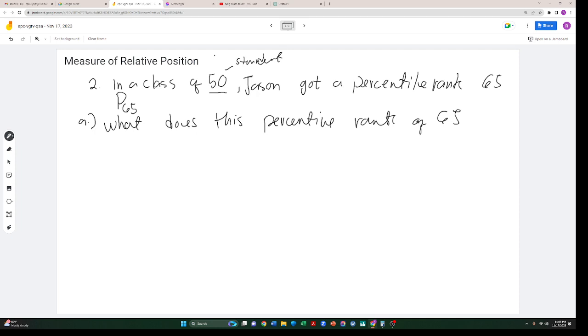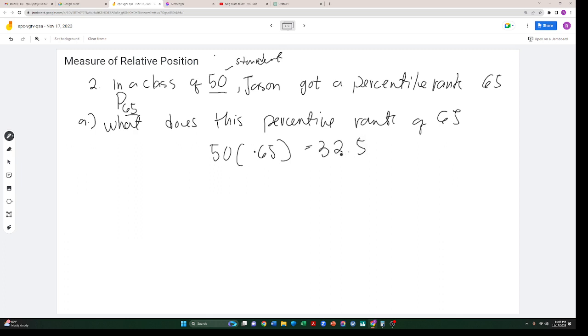Since there are 50 students in all, the number of students who got scores below Jason is 50 times 0.65, which is your percentile rank, and is equal to 32.5.